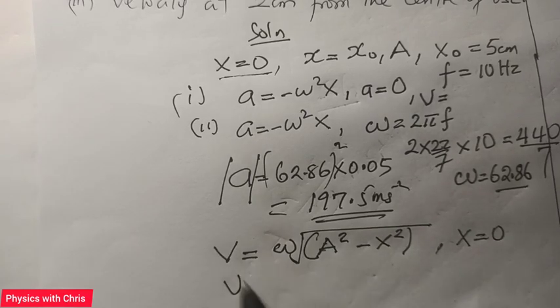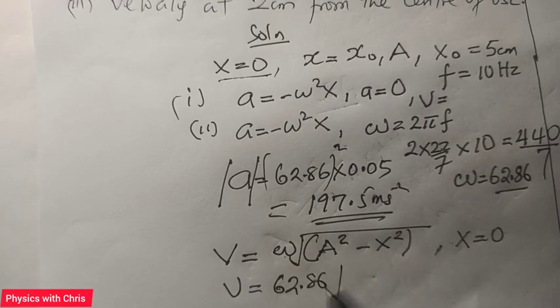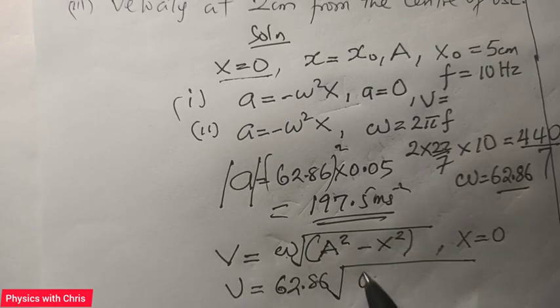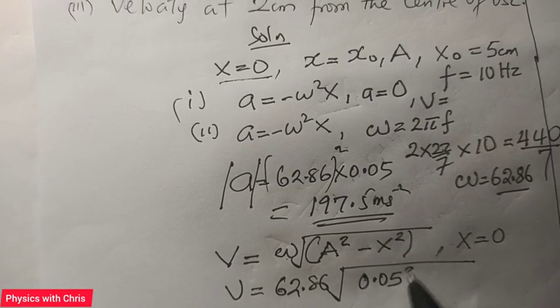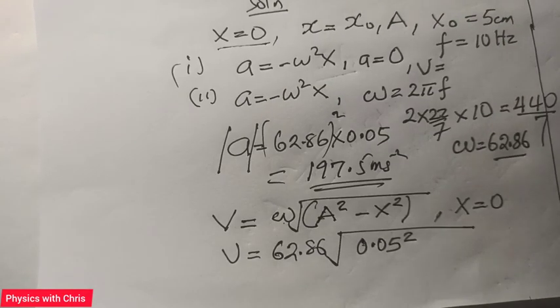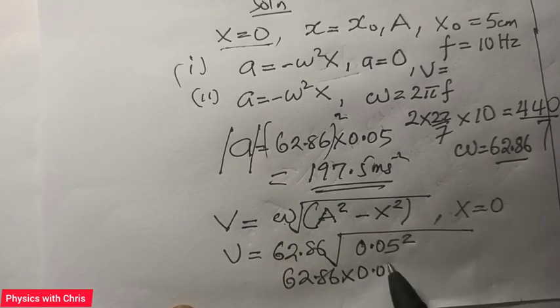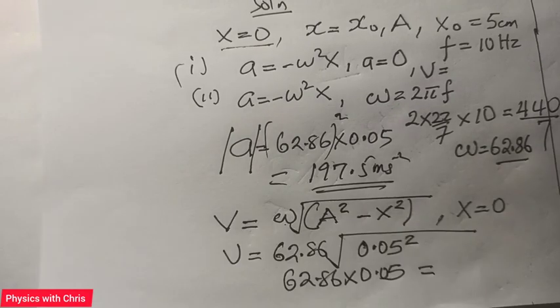So v equals 62.86 multiplied by the square root of 0.05 squared, because my amplitude was given as 0.05. The square root of that gives me 62.86 multiplied by 0.05. Let me use my calculator again.